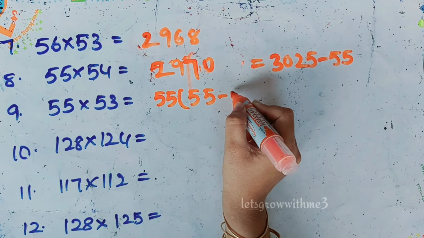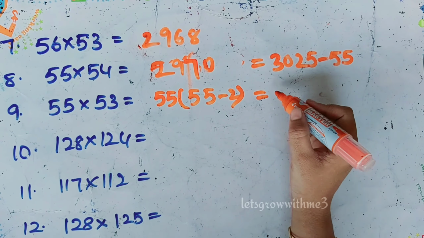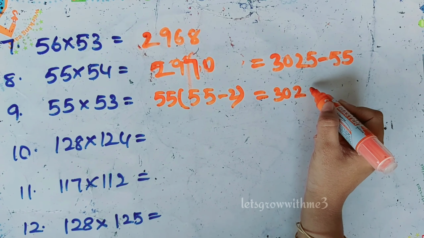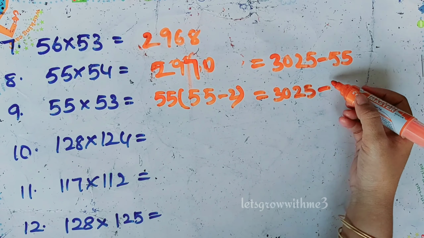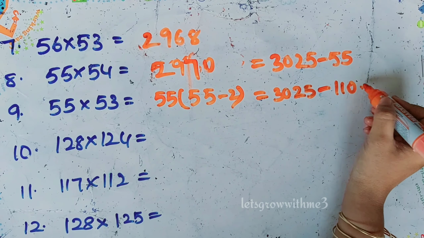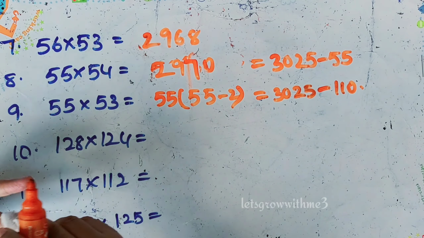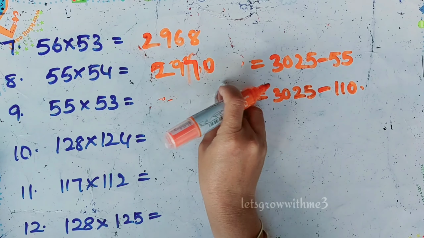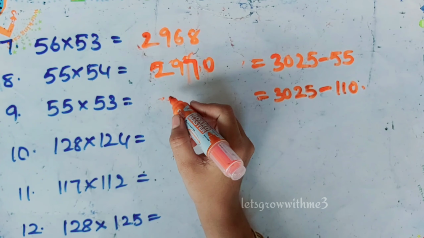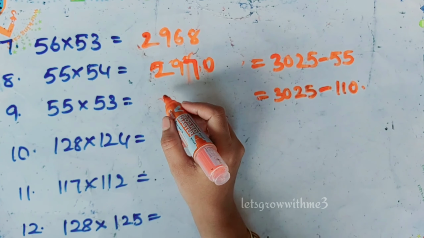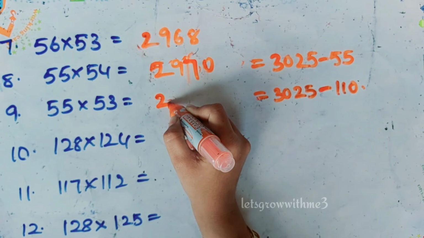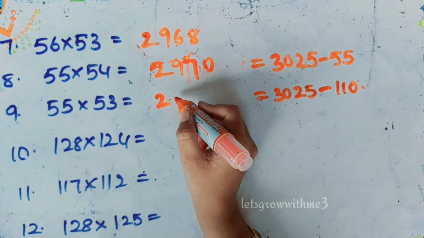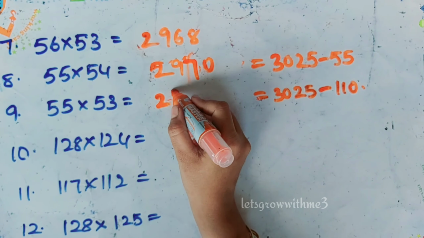55 again, 55 minus 2 this time. So 3025 minus 50. No, 110, because 55 2s are, right? Yeah. So what's the answer? 29.